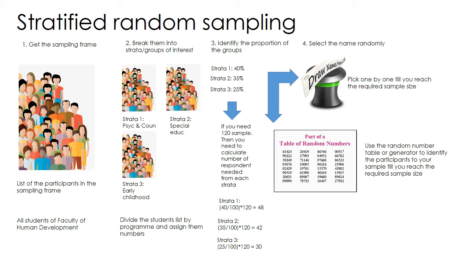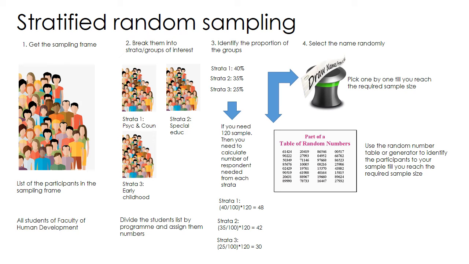The third stage is we identify the proportion of the groups. Based on the list, I realized that the first strata consists of 40% of this entire sampling frame. 35% of the students come from strata 2 and 25% come from strata 3. So if I want to have 120 samples, then I need to calculate the number of respondents needed from each strata.